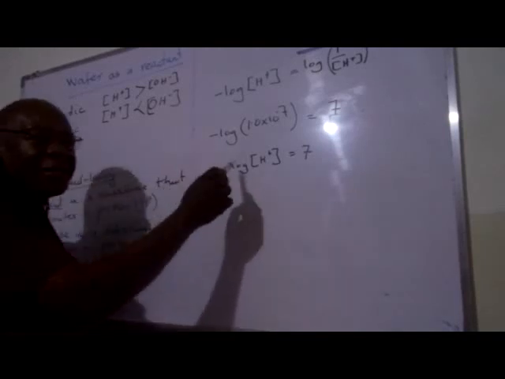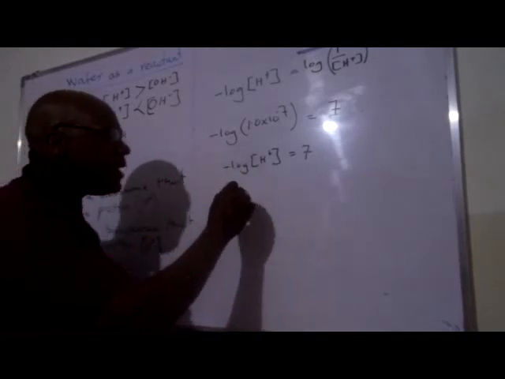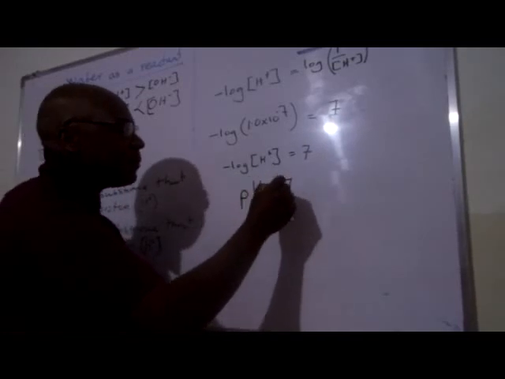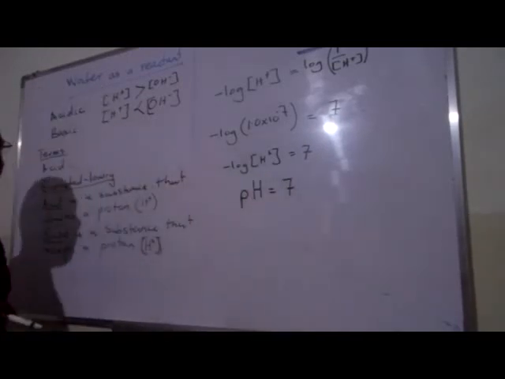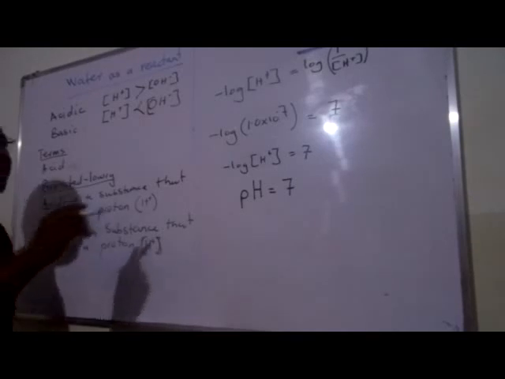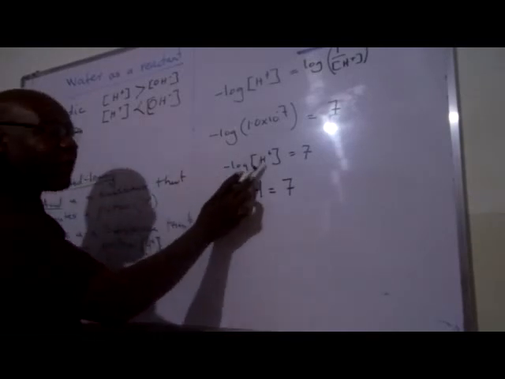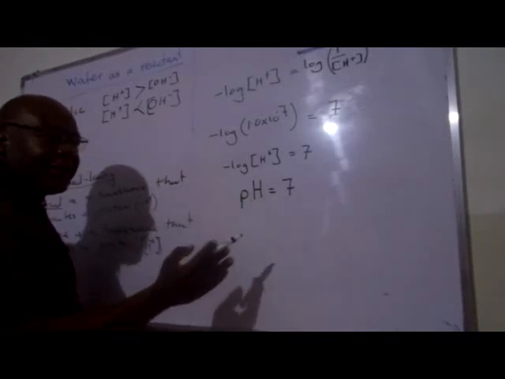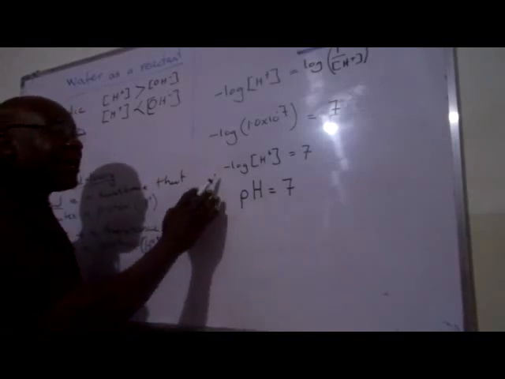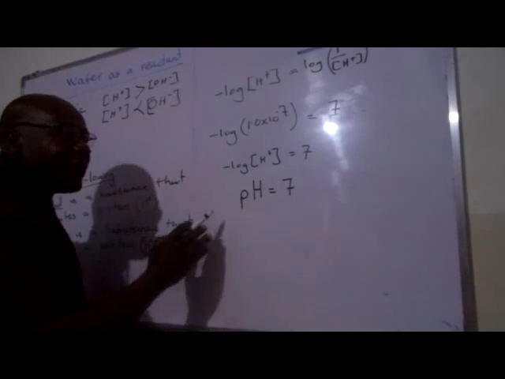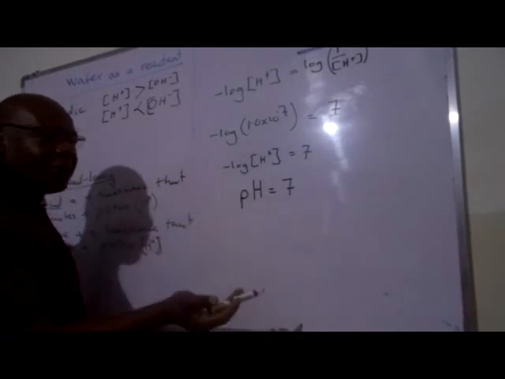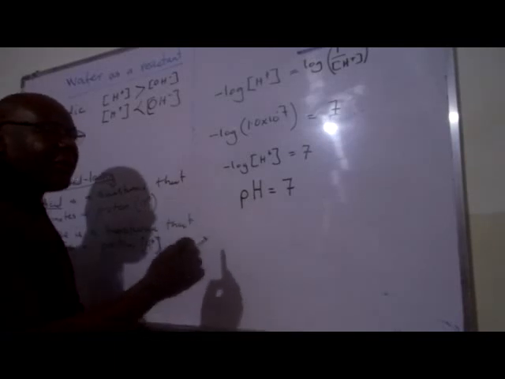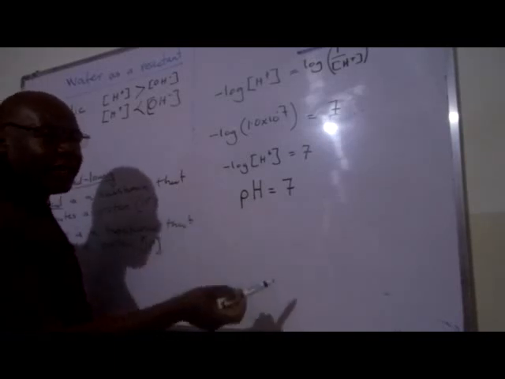Now this parameter is called the pH. So in biochemistry, when we introduce minus log to any parameter, it becomes P of that parameter. If we say minus log Michael, then it becomes P Michael. If we say minus log Peter, then it becomes P Peter.